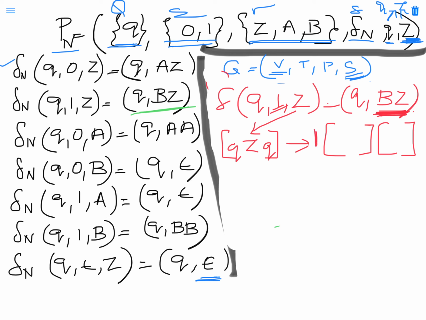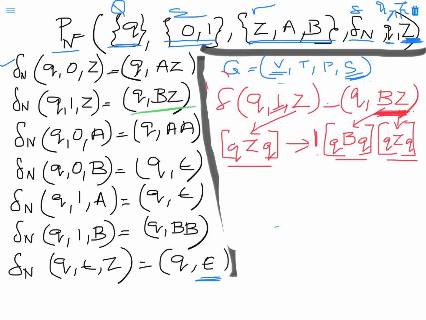And then here also this B will be coming in the middle, B. Z will be coming here, Z. Now state names Q. So what does this mean? This is a non-terminal [q B q] which gives 1 [q B q] [q Z q].